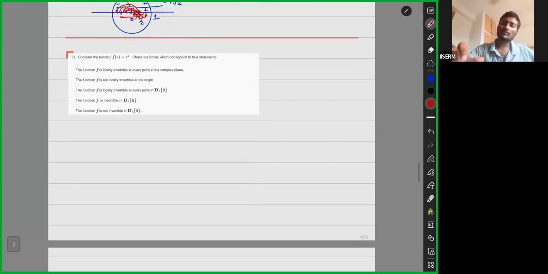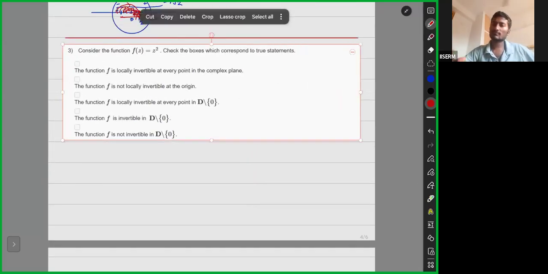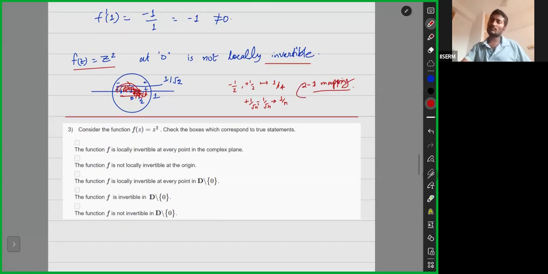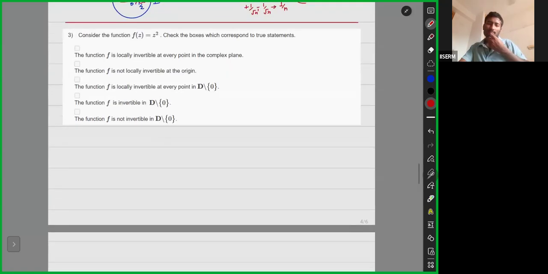Okay, now coming to the next question. The third question is about z square.